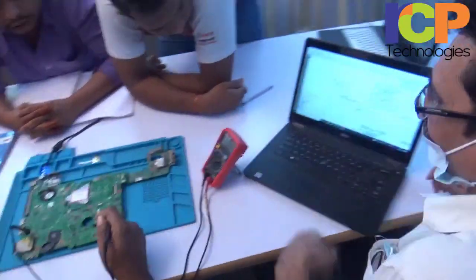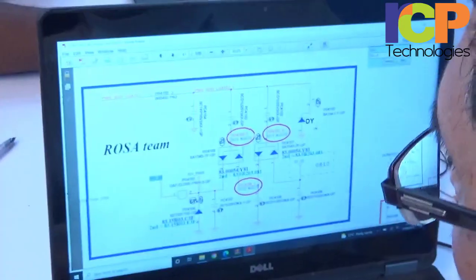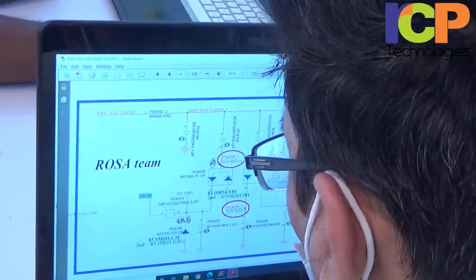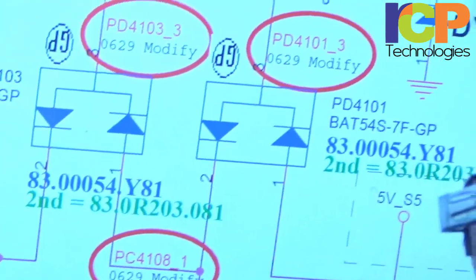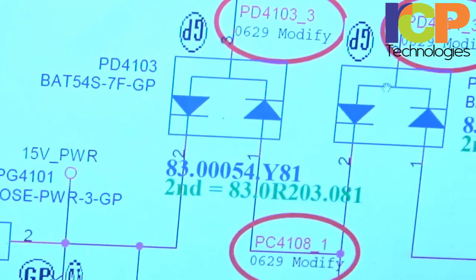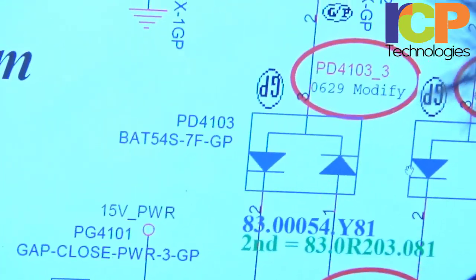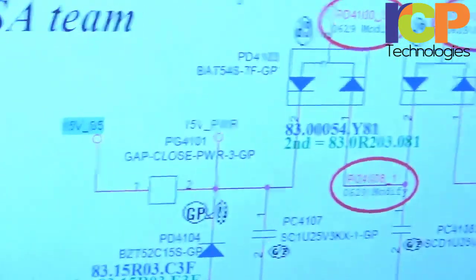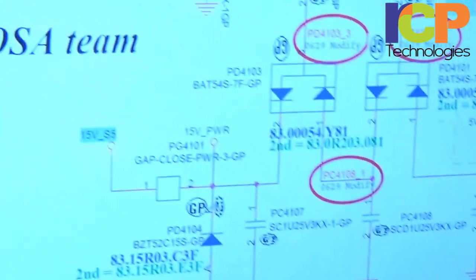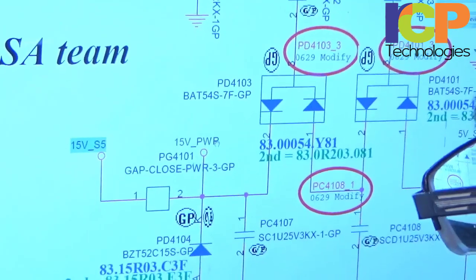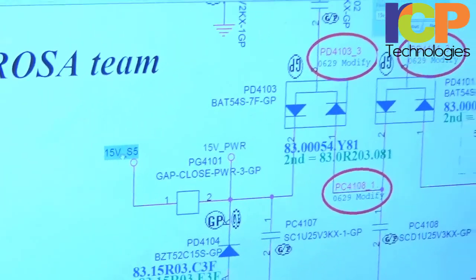Okay, please power off. So it is leading to a block here, correct? Now look at this circuit. We have a 5 volts S5 here. It is passing through a diode, and this double diode is again connected to another set of diodes. In between we have many capacitors connected here. So this 5 volts is passing through these diodes and becoming 15 volts S5.